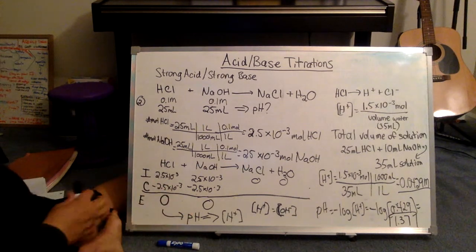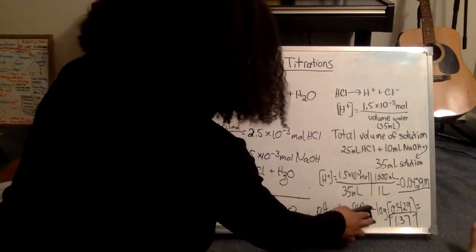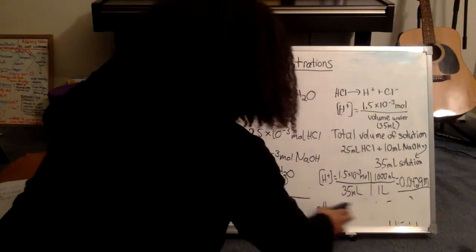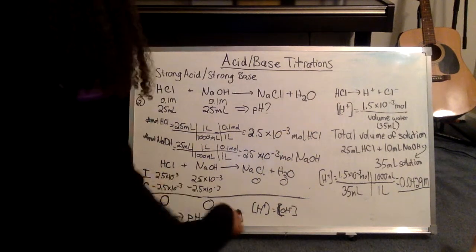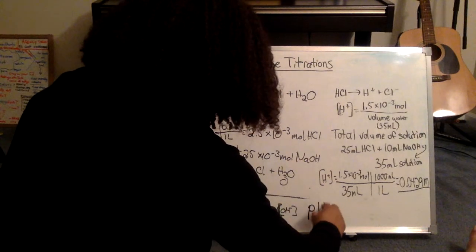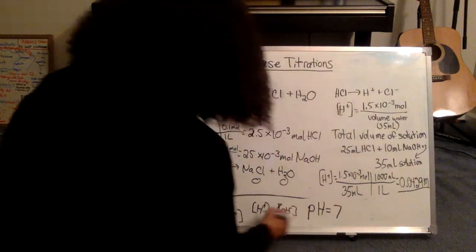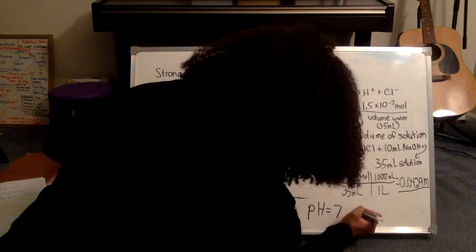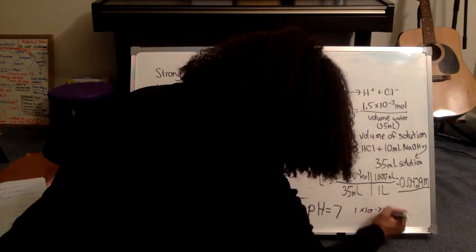Since that is the case, our pH is 7. If this is equal, we know that our pH off the bat is equal to 7, and we also know that the concentration of each of these is 1 times 10 to the minus 7.